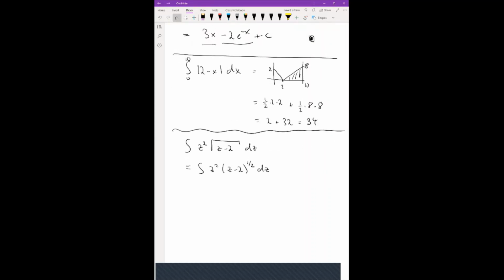So what are the choices for u? You could take u equal to c minus 2 or u equal to c squared. Any of the choices is correct if you want.